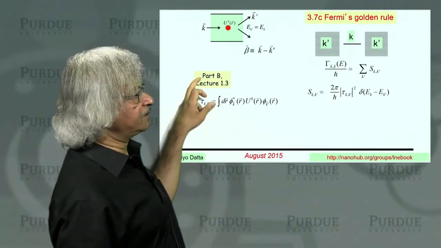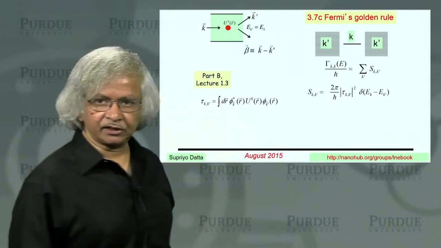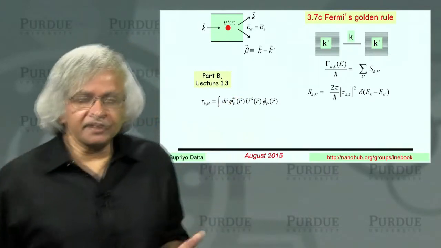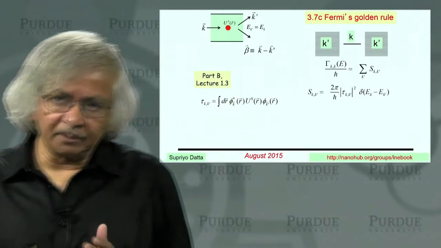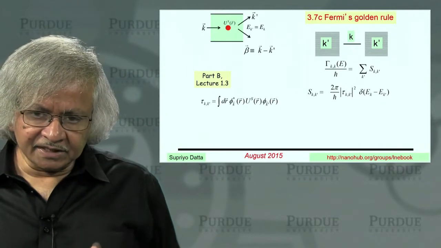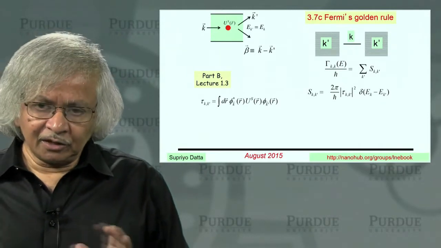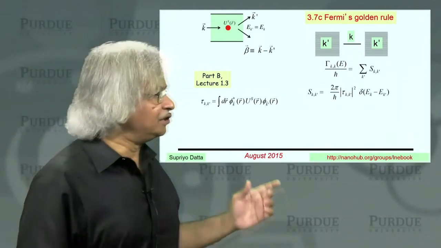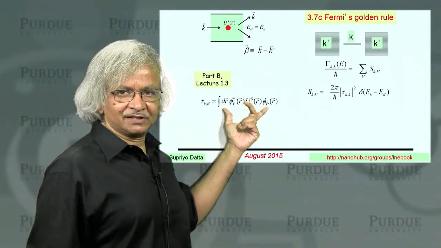This is something we discussed in Unit 1, in Lecture 1.3. We haven't used this very much because for our tight binding model, we have usually been obtaining the parameters by comparing with experiment. We actually haven't been using this first principles relation.